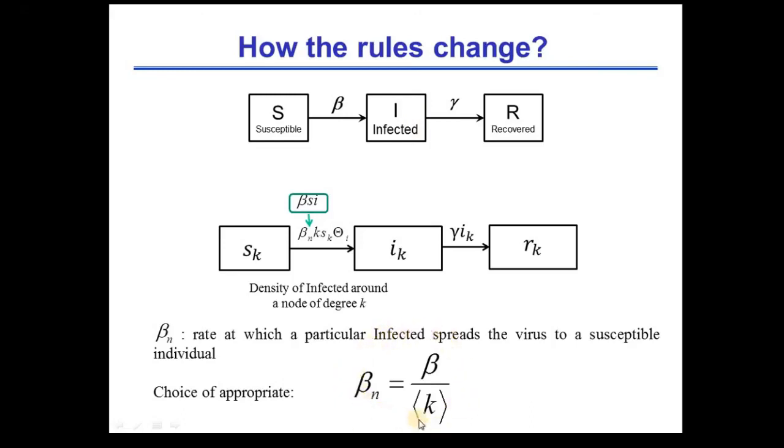This is an appropriate choice where you consider that every node has a different power to spread the disease, and that depends on their individuality, that means their degree. So the degree of each of these nodes basically controls how powerful a particular node is in terms of spreading the disease. So this is the equivalence between the SIR model in terms of deterministic equations and the simulations that we are doing on networks.